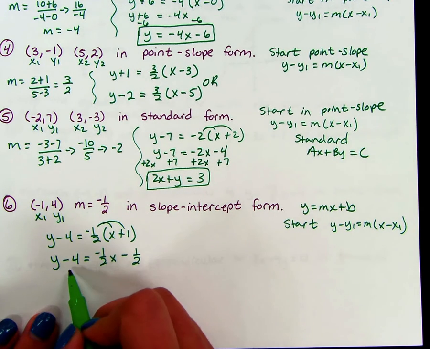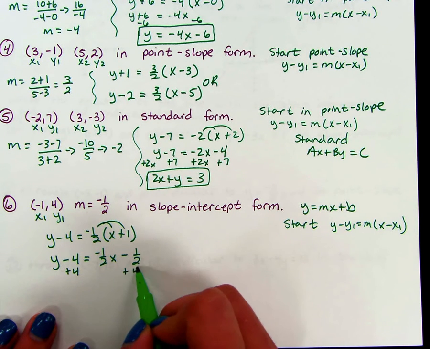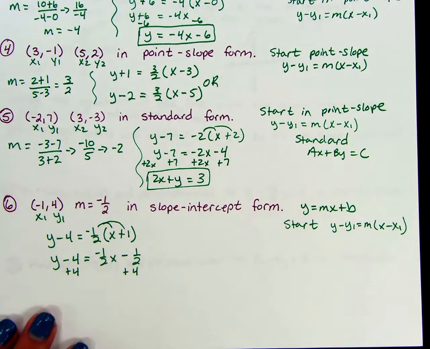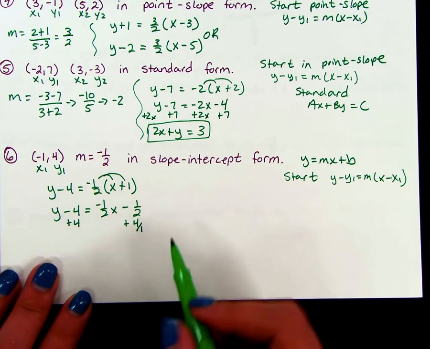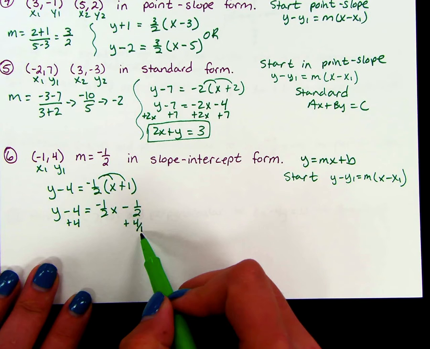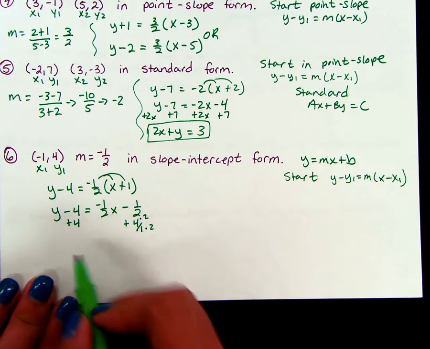Okay, the next thing we have to do is get y by itself, so this means that we're going to add 4 to this side. So here we're going to end up combining fractions. So that means that we want to put 4 over 1, and then our common denominator between these two is a 2, so we're going to multiply top and bottom by 2.